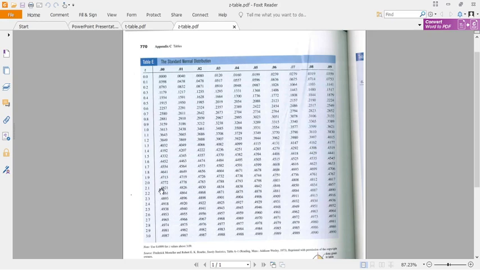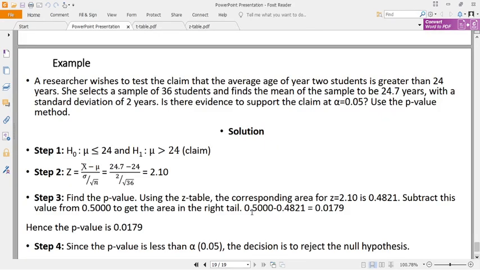So it is 0.4821. So we subtract this from 0.5 and the remaining area will be 0.0179. The reason we are subtracting is because our region of interest is always in the tail. So therefore our p-value is 0.0179.